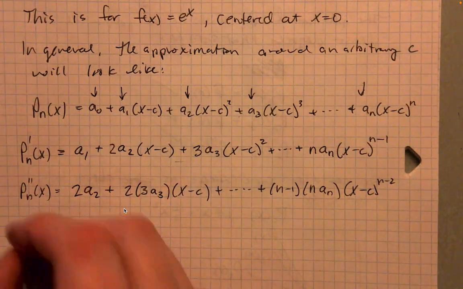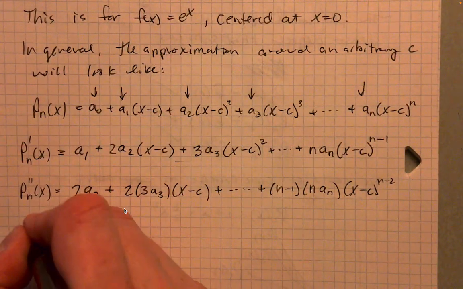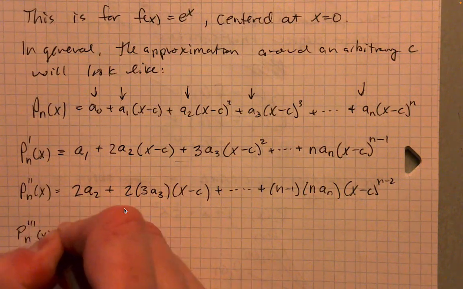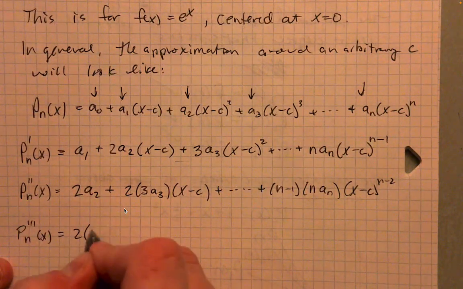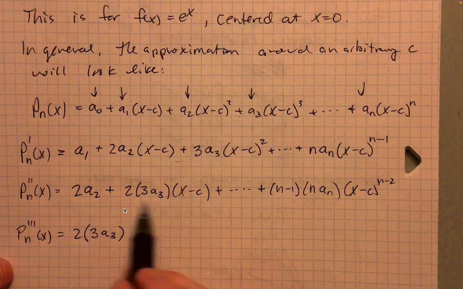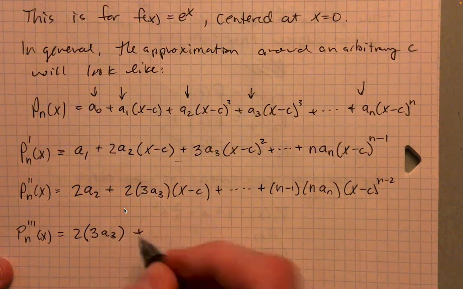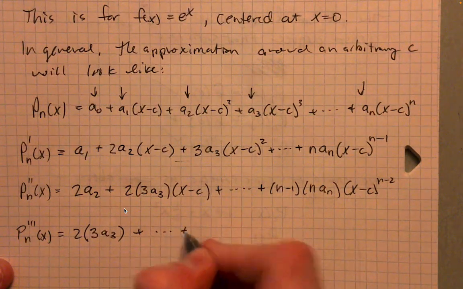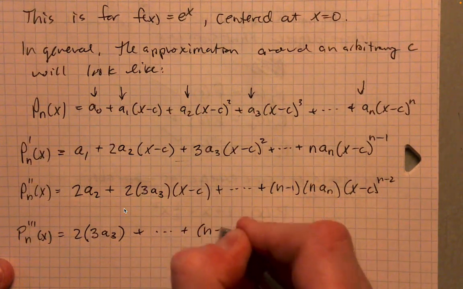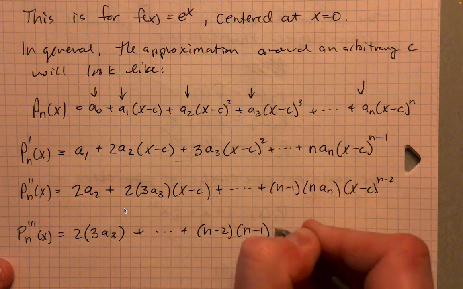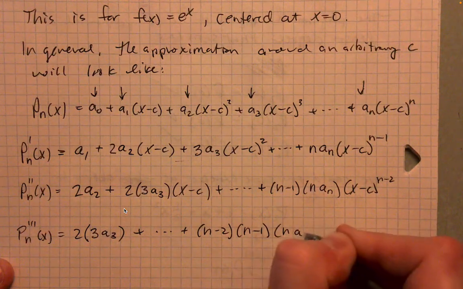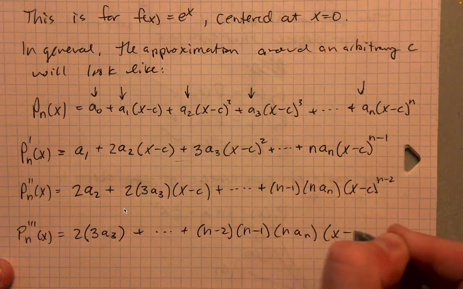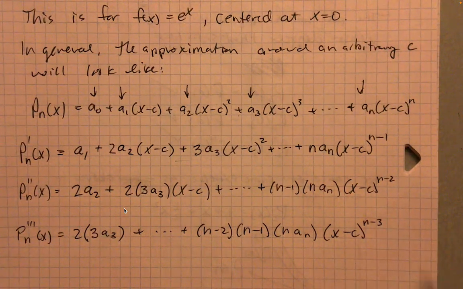Okay, what about the third derivative? Well, it'd be 2 times 3a sub 3, that's this one, plus, and then we could do the next one, we just don't have it in front of us, so we'll just dot dot dot all the way out, and you get n minus 2 times n minus 1 times n times a sub n times (x minus c) to the n minus 3.